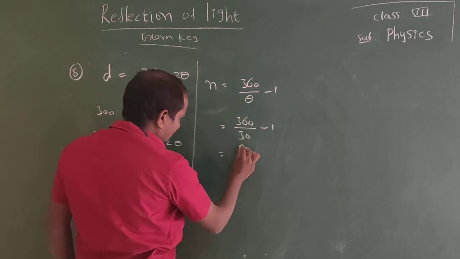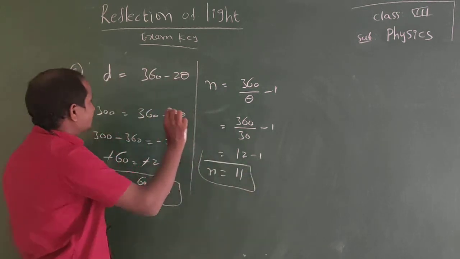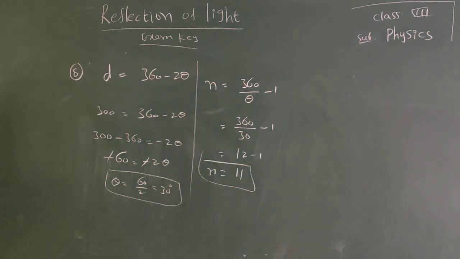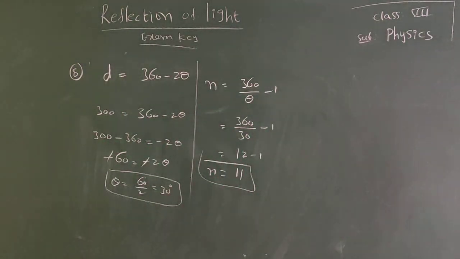Here 360 by 30 is 12, so 12 minus 1, that equal to 11 images. Eighth one, number of images equal to 11.